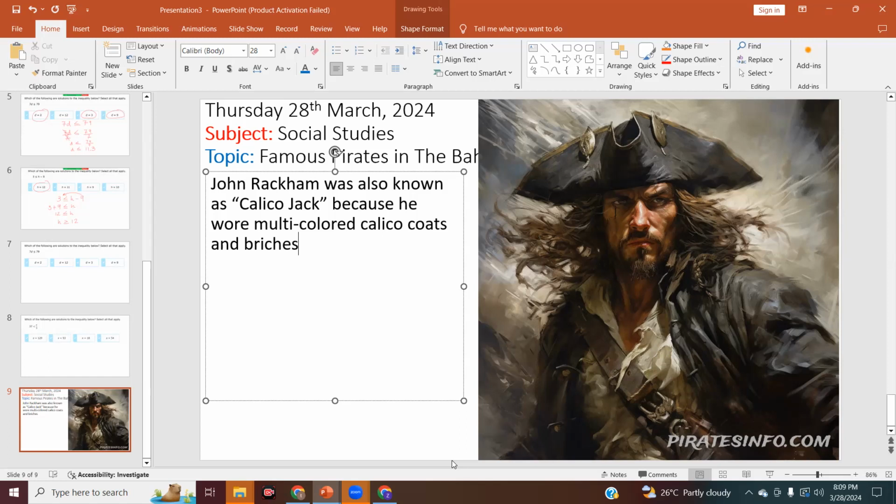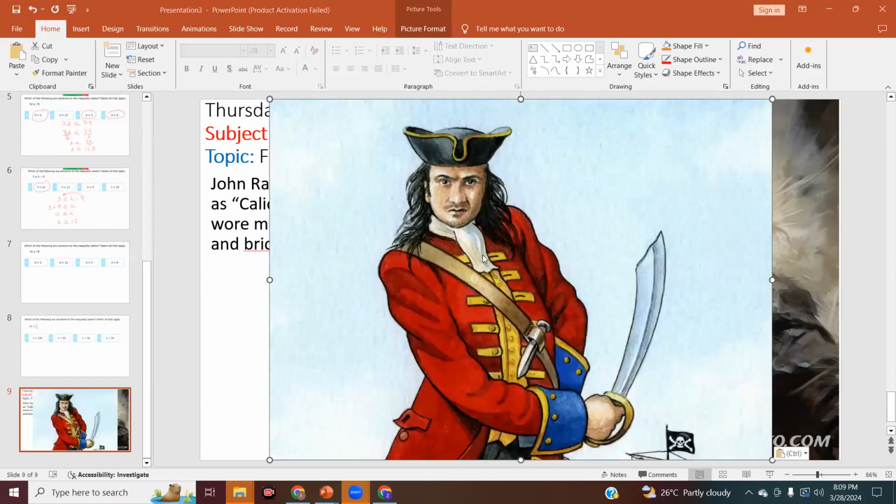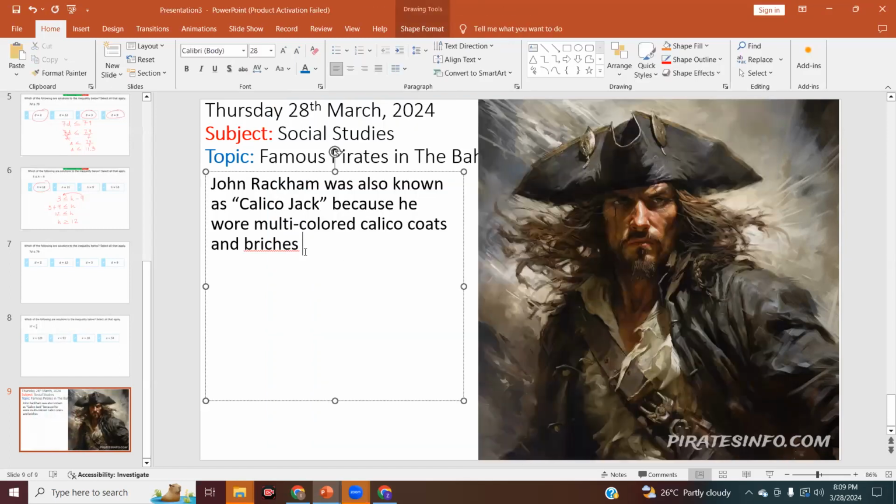All right, so this is another photo of Calico Jack. As you can see, a very colorful man in terms of his appearance and the clothes that he wore. All right, so the multicolored coats that he wore. He wore multicolored calico coats and breeches.